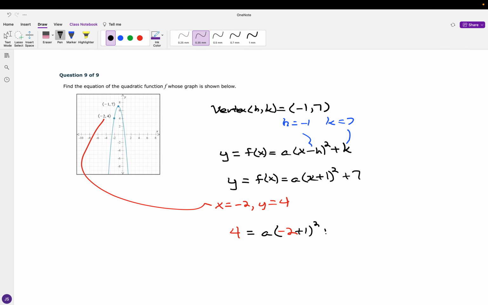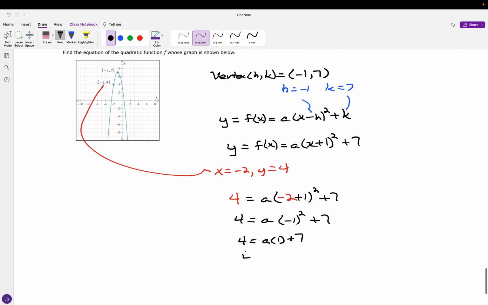So we got 4 is equal to a times negative 2 plus 1, which is negative 1, and the square of negative 1 is a positive 1. And so we have 4 is equal to a plus 7. This time around, the value of a will be negative 3.